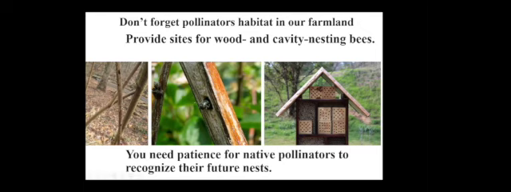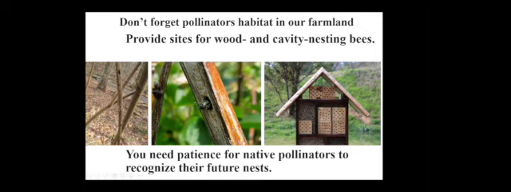Sometimes you can make this yourself, with different sizes of bamboo sticks, or different sizes of drill holes in wood blocks that are at least 12 inches long. You can drill from both sides, at least about 10 inches deep, and that is good as a cavity site, a pollinator nest site.